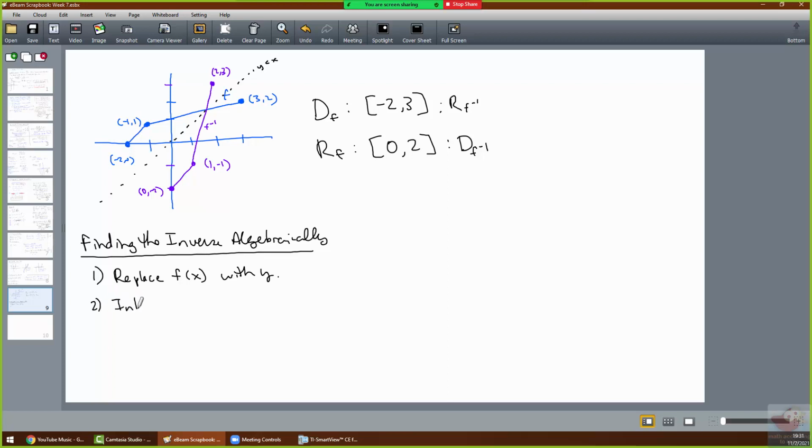The next step is to interchange x and y, meaning every x becomes a y, every y becomes an x. 3 is solve for y.